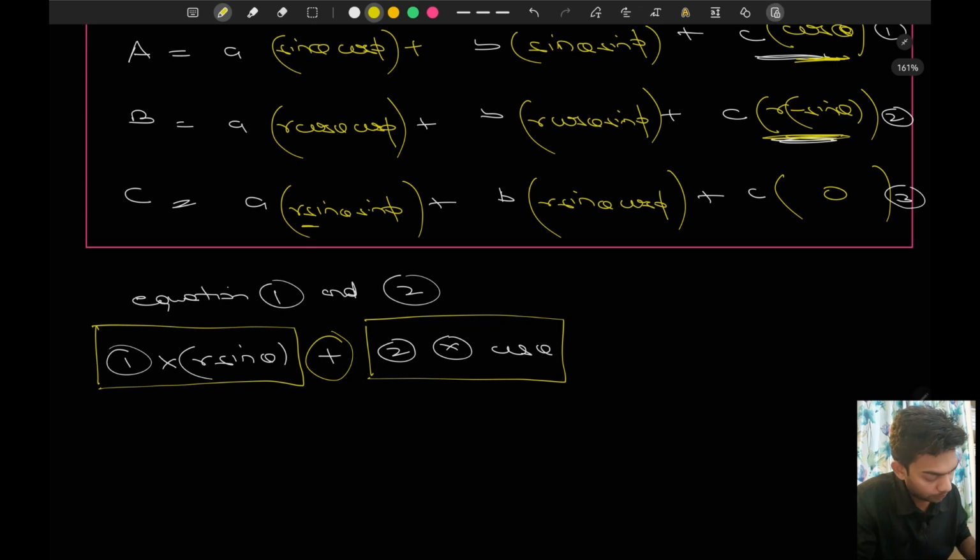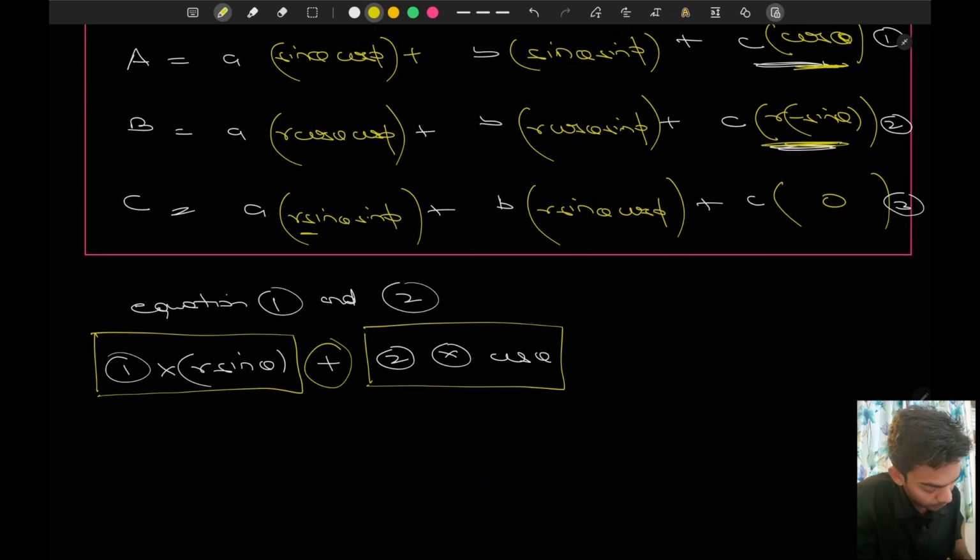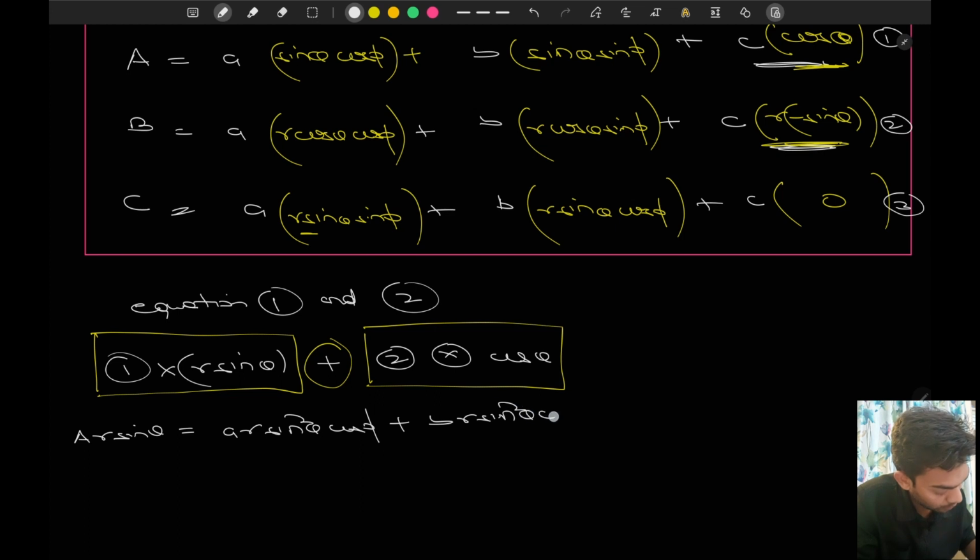Yeah, so please bear with me. I multiply my equation 1, so this would become AR sin theta is equal to A sin square theta cos phi plus BR sin square theta sin phi.